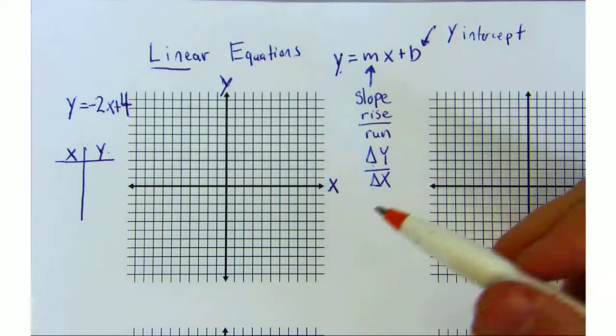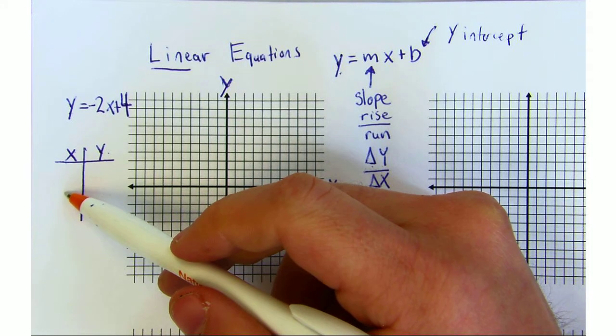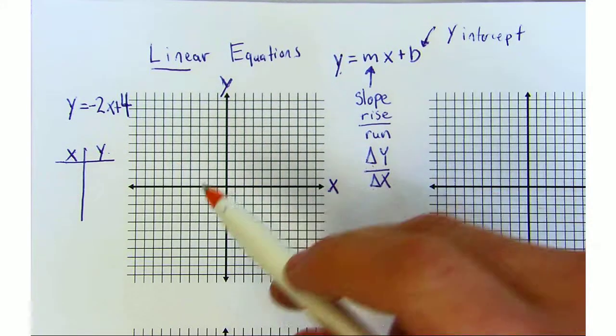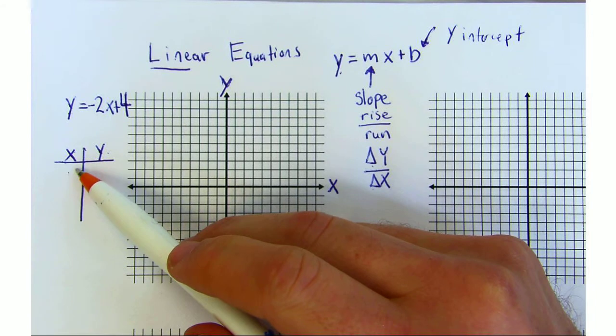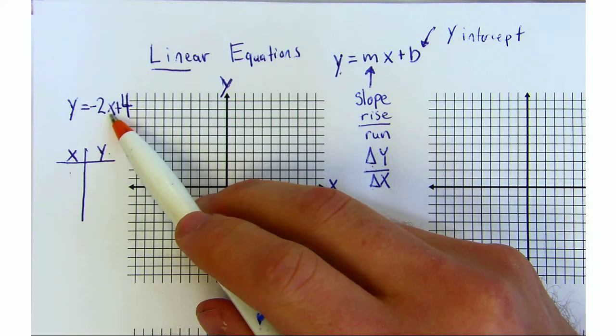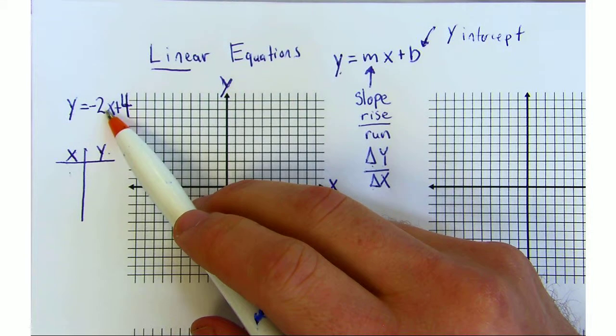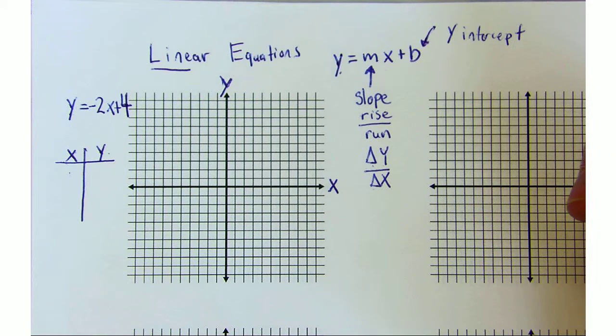You could pick any numbers that you want for x, because lines go on forever in both directions. As a rule of thumb, I say you want to have at least 3 points. You could have 2 points, but it's bad practice, because 3 points gives me a hint on whether I made a mistake.